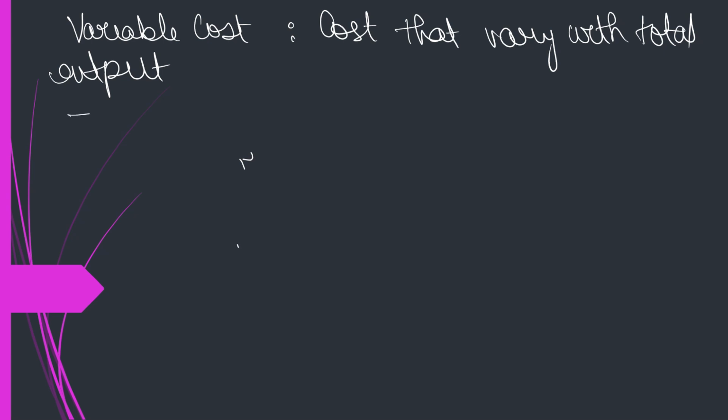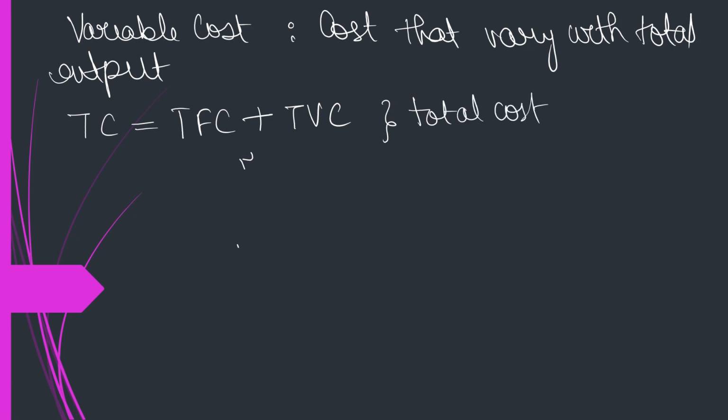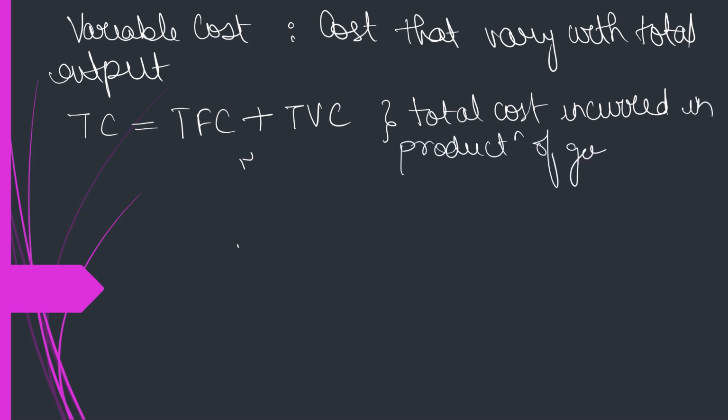Now we have done total cost. Total cost is your total fixed cost plus your total variable cost. That is total cost incurred in production of goods or services.